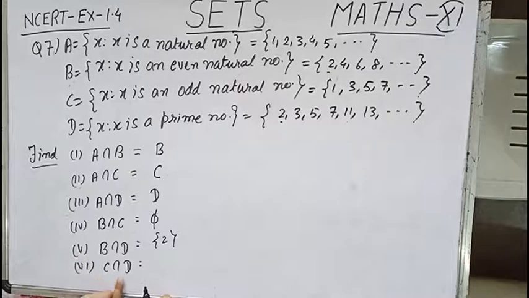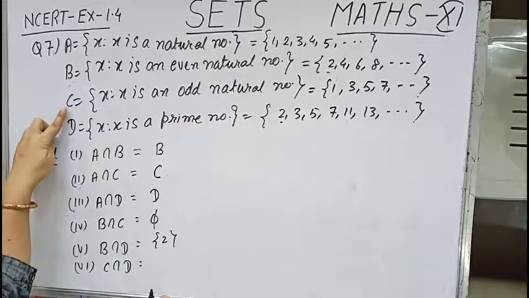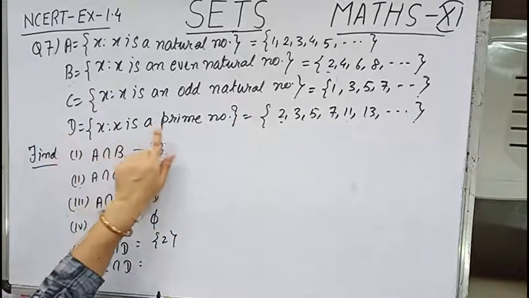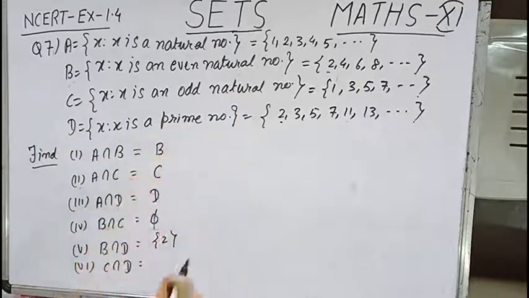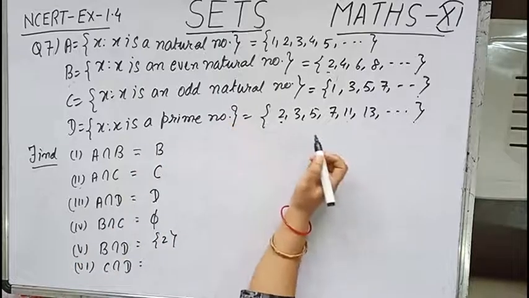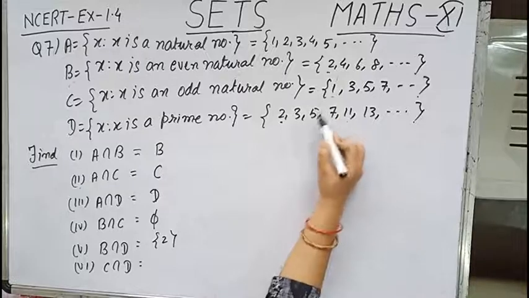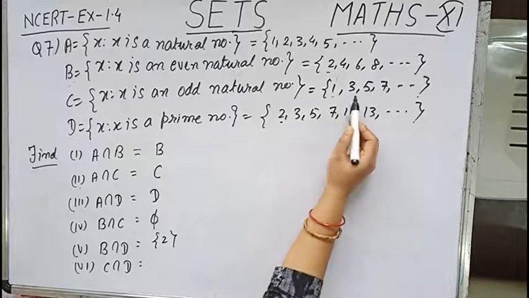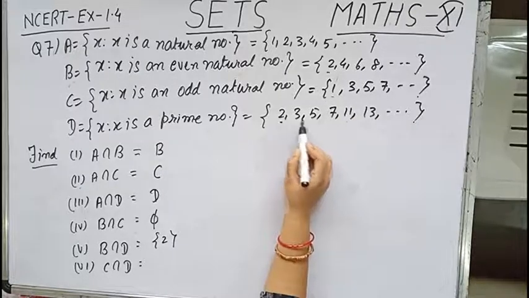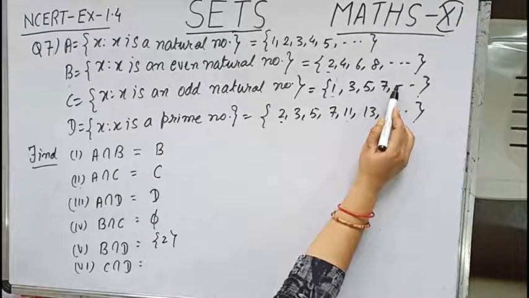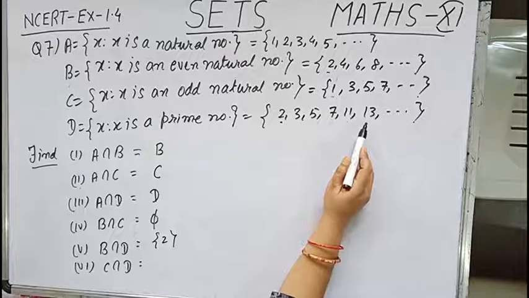Question number 6, C intersection D. Now set C is x such that x is an odd natural number and D is x such that x is a prime number. Now we can see that in the sets C and D, only the element 1 is not there in D. The rest, 3, 5, 7 and 3, 5, 7, are over here. The next odd number is 9, but over here we will not get 9.